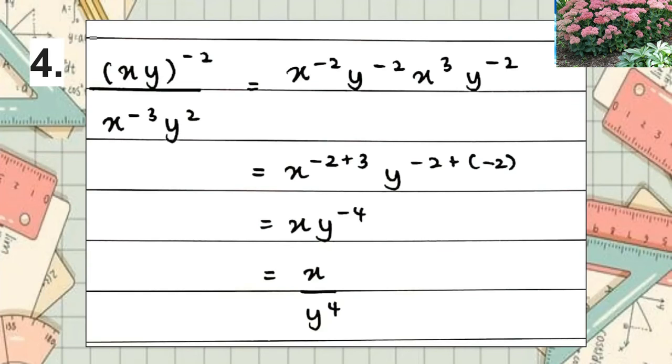And xy power of negative 2, I expand it. So the base is the same, so x power of negative 2 plus 3, y power of negative 2 plus negative 2. We solve it like usual. So the answer will be x over y, the power of 4.